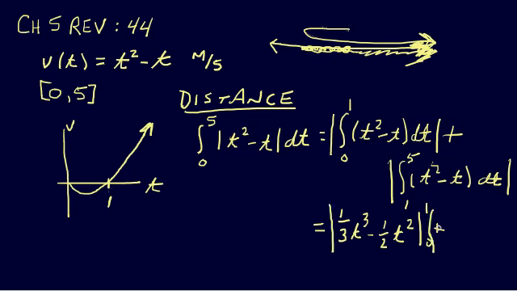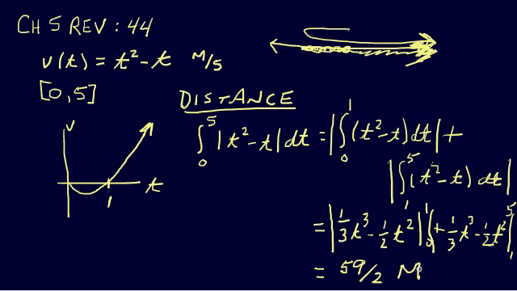Plus the same thing, 1/3 t cubed minus 1/2 t squared, this time from 1 to 5. Running through the values of those, which I'll let you do on your own, we end up with an answer of 59/2, and that will be in units of meters.